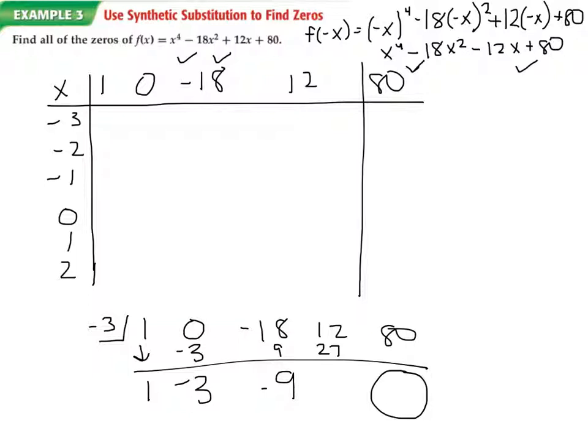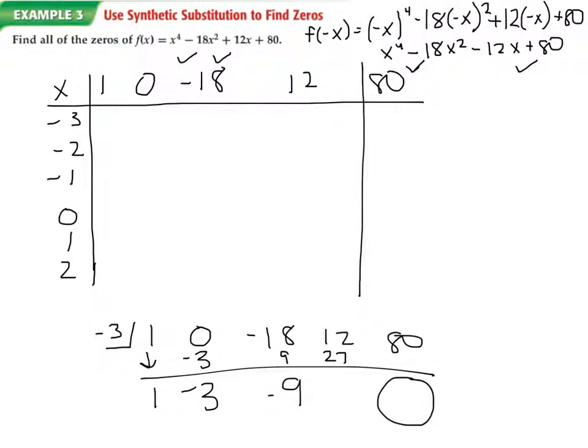Adding down, 12 plus 27 gives me 39. Then negative 3 times 39 gives me negative 117. And 80 plus negative 117 gives me negative 37.